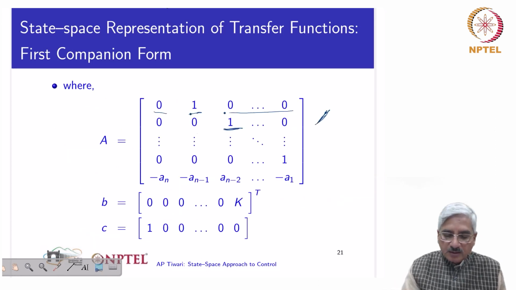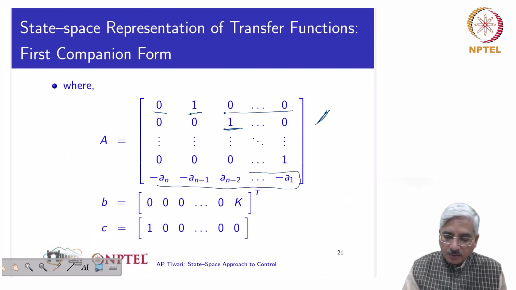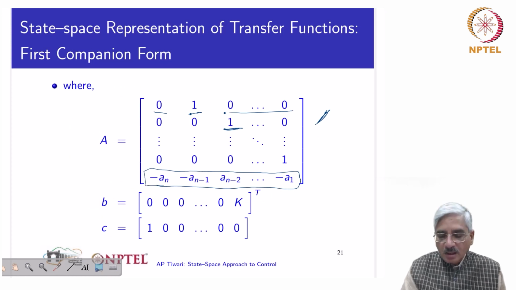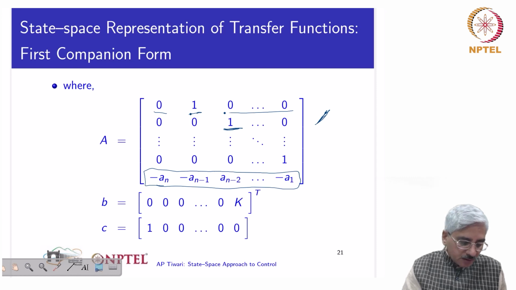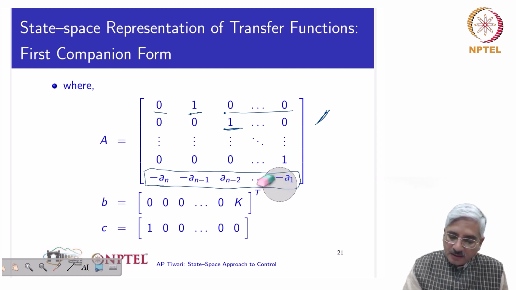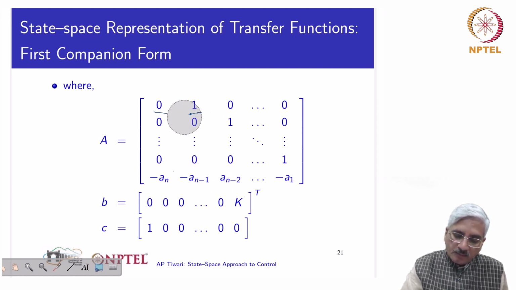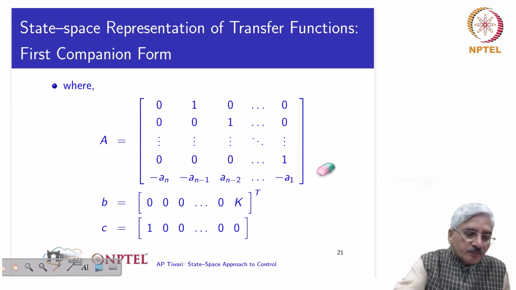So this is coming here in the last one. So this is the system matrix A. Now if you observe it, it has a very interesting appearance.